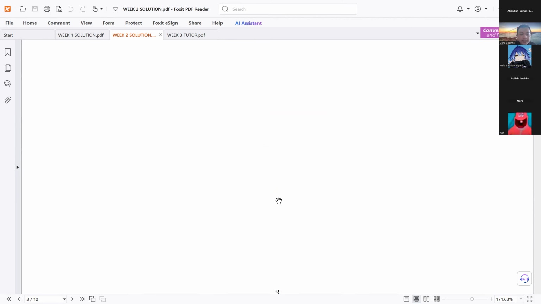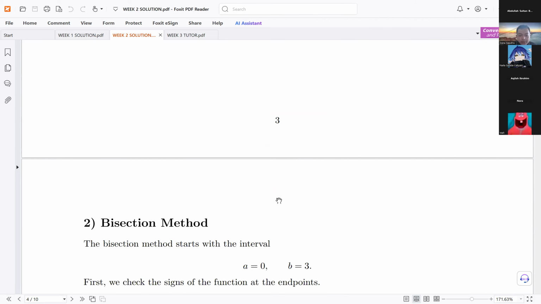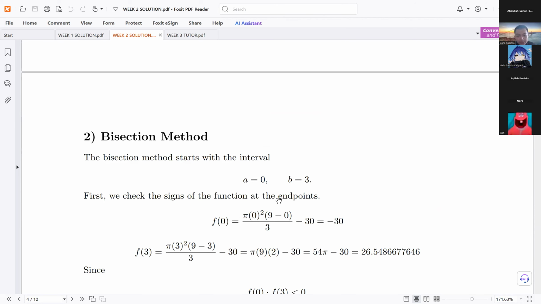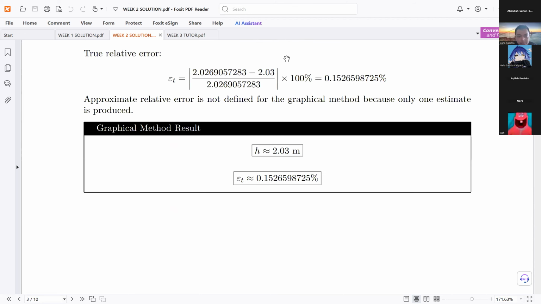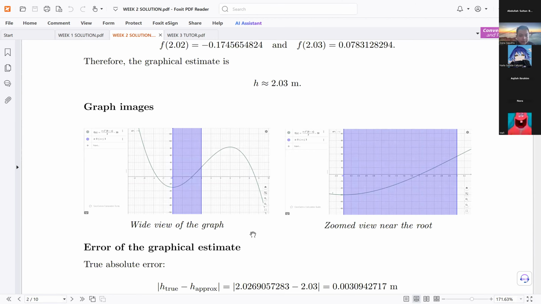Also, for the bisection method, the bisection method starts with the interval a is 0 and b is 3. In the problem, use initial guesses of 0 and R, which is 3 meters.